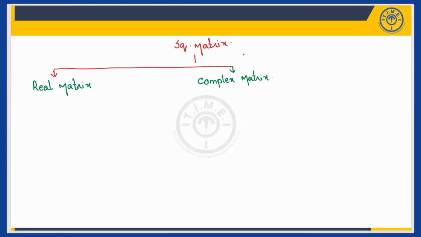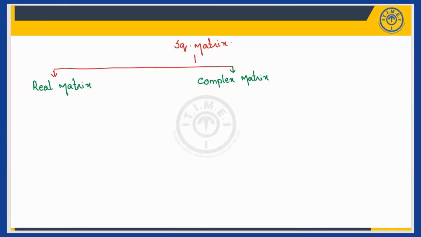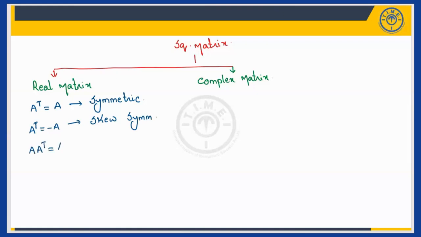And in real matrices, whenever A transpose is equal to A, then we say A is a symmetric matrix. And if A transpose is equal to minus A, then A is a skew symmetric matrix. And if A into A transpose is equal to A transpose into A is equal to I, then we say A is an orthogonal matrix.